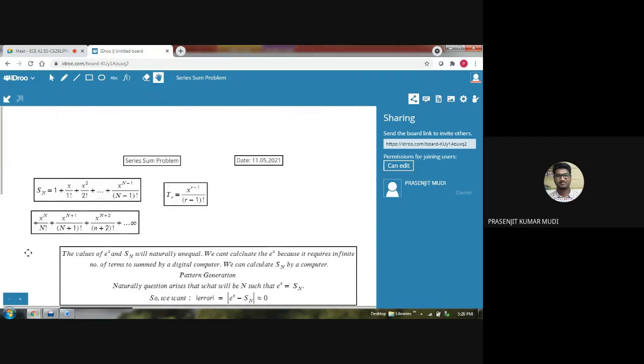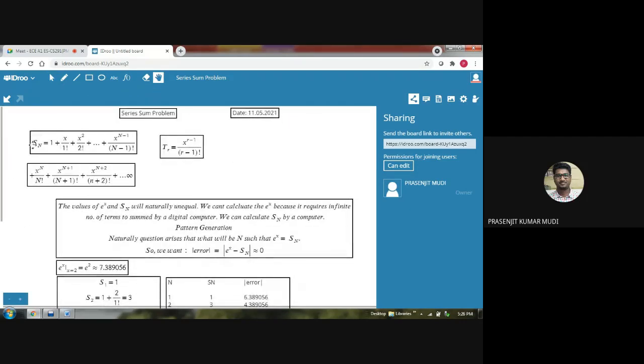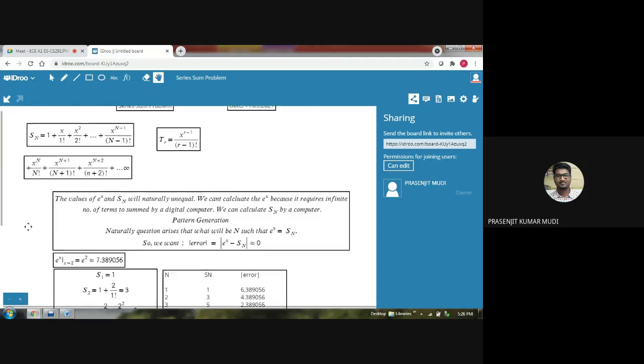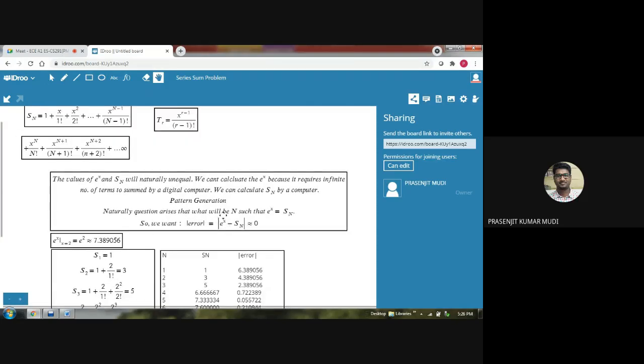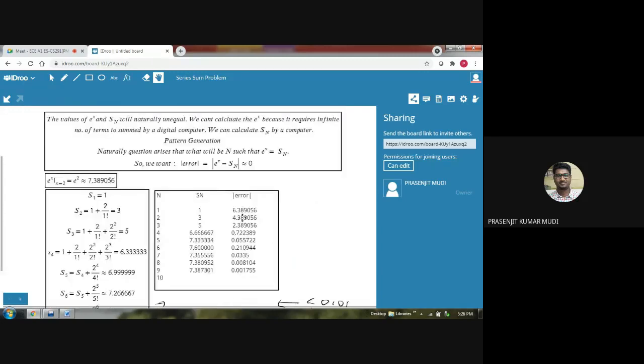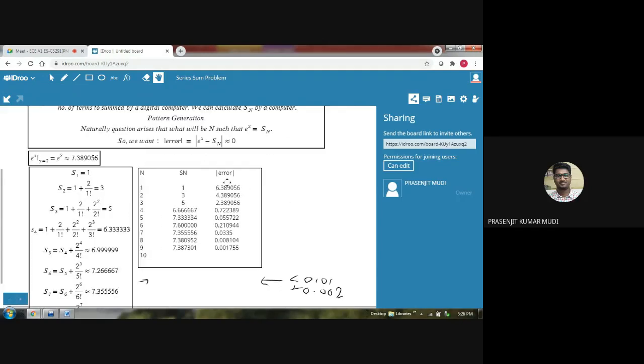We want to sum up n number of terms to calculate Sn, and then calculate the error, modulus of e to the power x minus Sn. Every time we want to calculate the error. As soon as one term is added, we immediately calculate the error and check whether it is less than the threshold error or not.